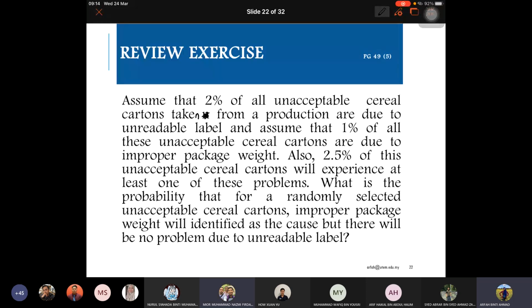Okay dah. Okay, apa cerita? Faham tak? Sikit kot. Apa yang kau faham? X 2%, Y 1%. Lepas tu dia macam yang akan berlaku 2.5%. Okay, salah.